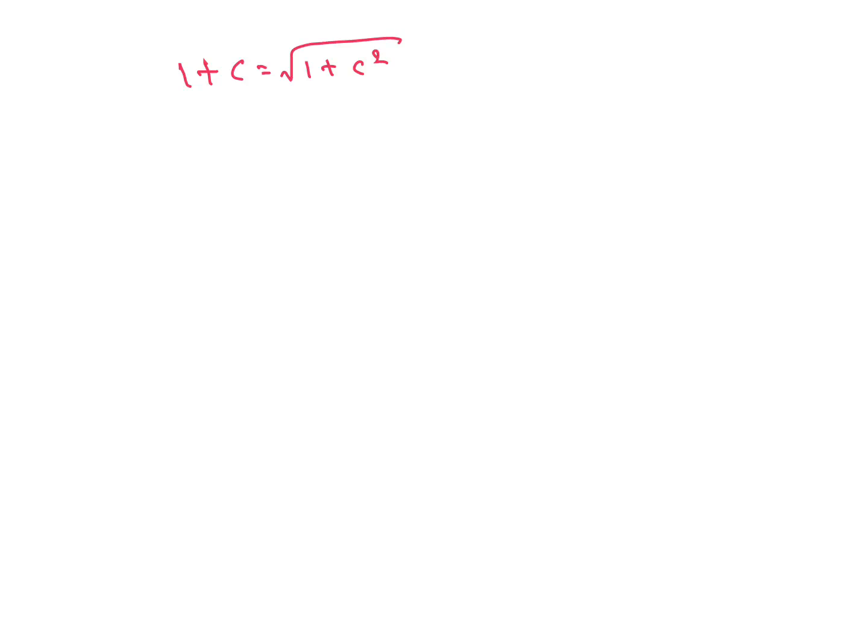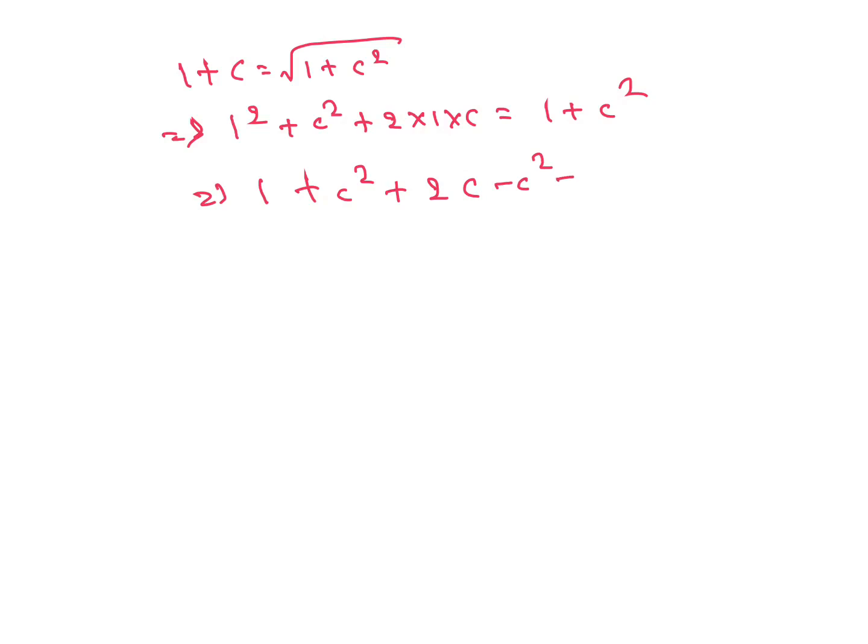So squaring, 1 square plus C square plus 2 into 1 into C equal to 1 plus C square. So 1 plus C square plus 2C minus C square minus 1 equal to 0, or cancel.